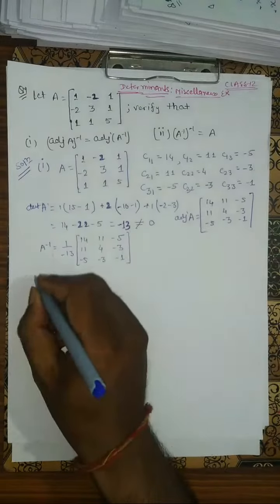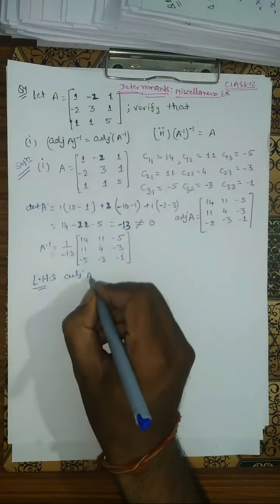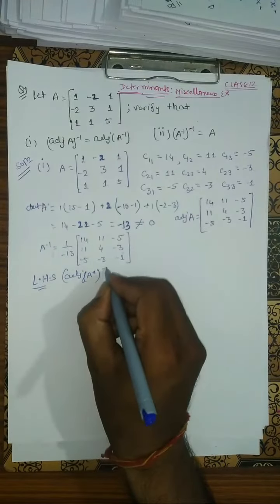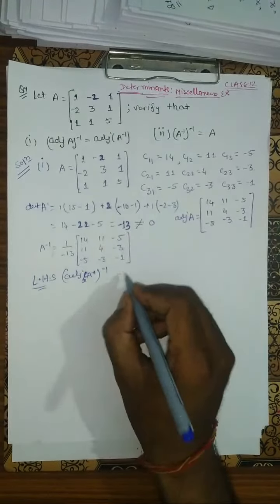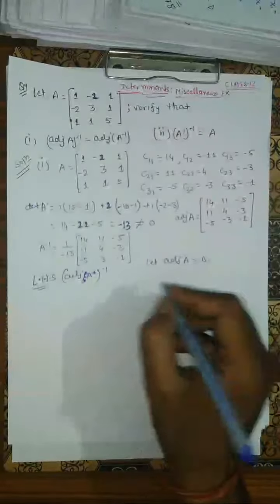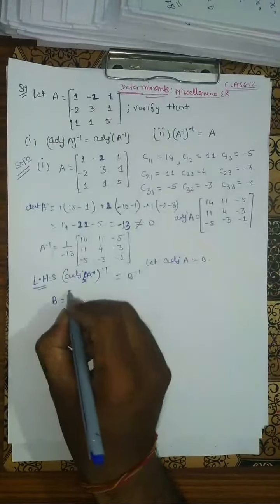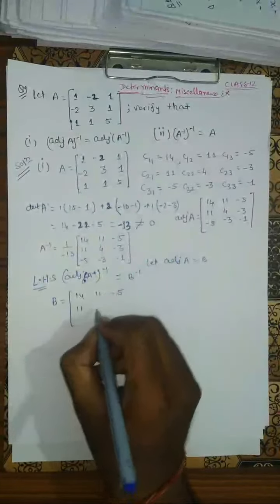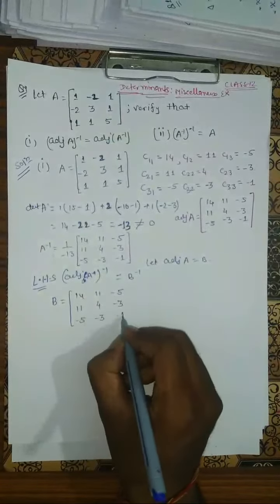Now बच्चों your LHS is adjoint A का आपको इनवर्स कैलकुलेट करना है. Let adjoint A equal to B. Then we will find B inverse. So B is your matrix [14 11 -5; 11 4 -3; -5 -3 -1].